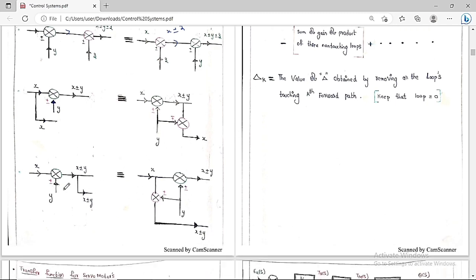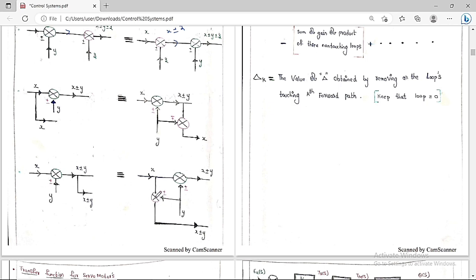Now for this circuit, if you see, this is a summing point. If the input is x and the input is y, the output is x plus or minus y because of the summing point. Here I am taking the output, so the output is also the same, x plus or minus y. Suppose for the same circuit I add a new summing point and I want to take this from the input, then what extra changes do I have to make?